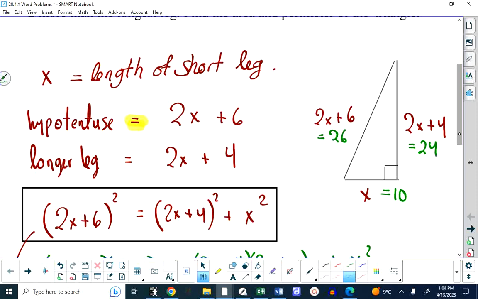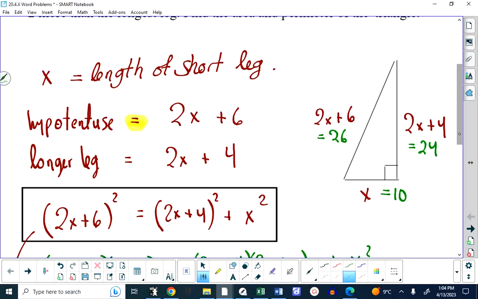Before we go on, can you confirm? We're not asked to do this, and you don't need to show your work. But can you confirm that 26 squared equals 24 squared plus 10 squared? It better, because it's a Pythagorean triangle, a right triangle. So confirm it on your calculator.